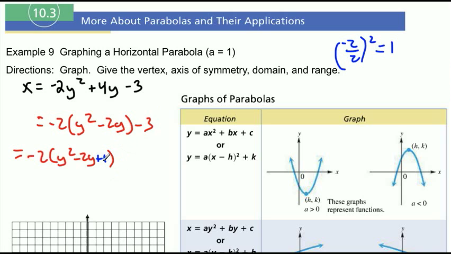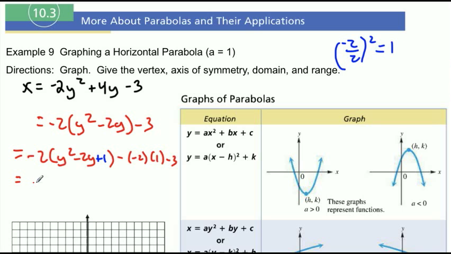If I add 1, then I have to subtract 1. So that means I'm going to do minus, watch this now, minus -2 times 1. So I'm subtracting 1, but because it was inside the parentheses, I have to multiply by whatever's outside here. Then minus 3. It's a little tricky right there.